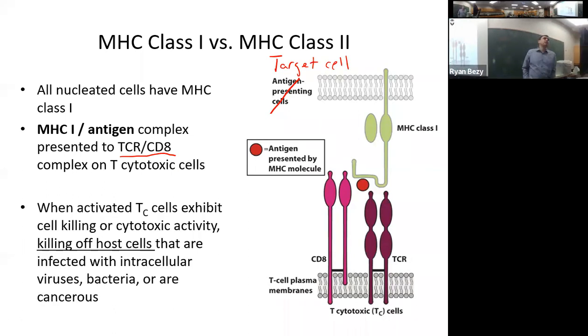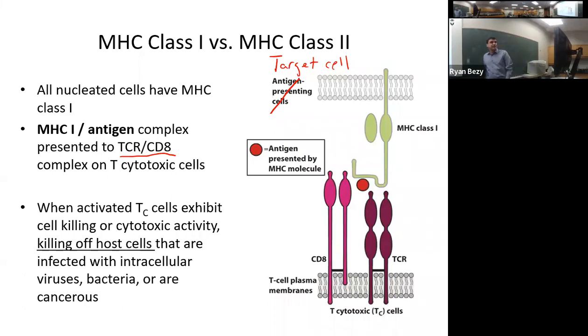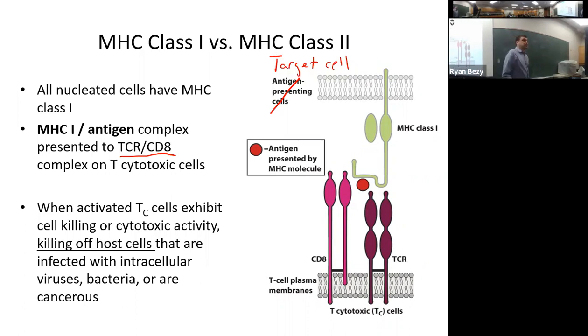When activated, T cytotoxic cells then exhibit cell killing or cytotoxic activity. They kill off host cells that are infected with intracellular viruses, intracellular bacteria, or that are cancerous, most commonly. Okay. Questions about that? The setup here.